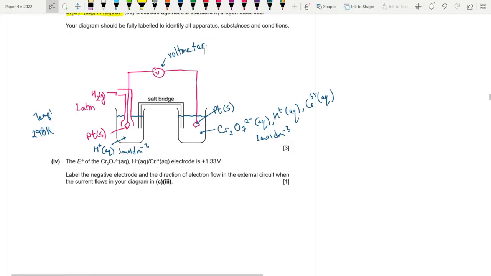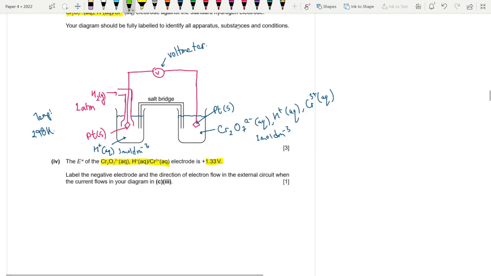Basically, we know that the standard hydrogen electrode has a reduction potential of 0, and this dichromate electrode has an electrode potential of plus 1.33. So clearly, since it has a higher reduction potential, it will be reduced.